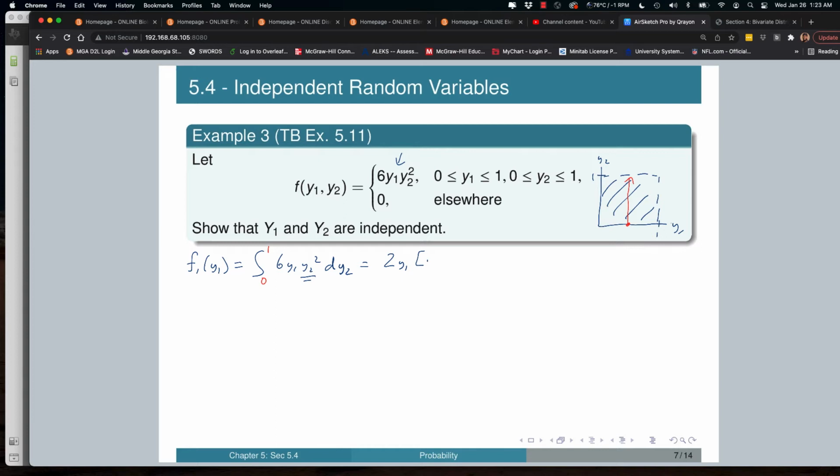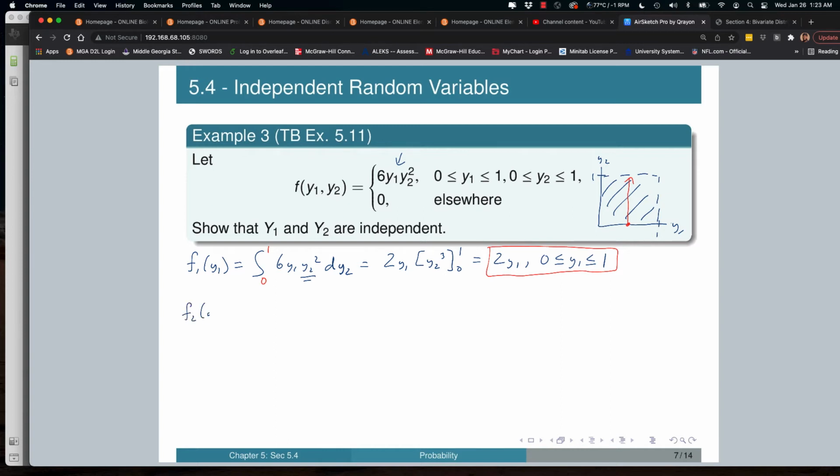So y sub 2 cubed, evaluated from 0 to 1, should just leave me with 2y sub 1. And that's going to be over the interval 0 less than or equal to y sub 1 less than or equal to 1. So there's one marginal function, for y sub 1.